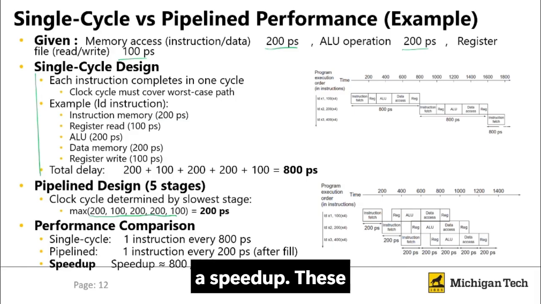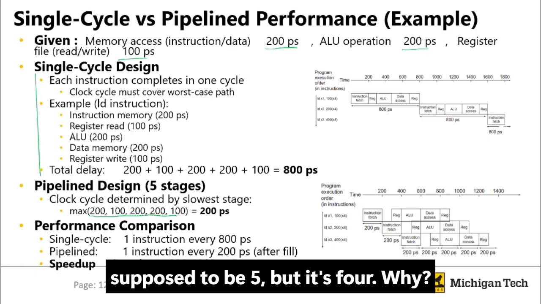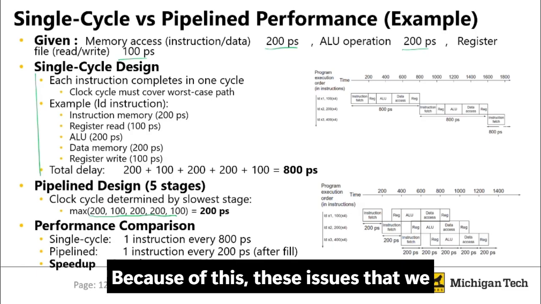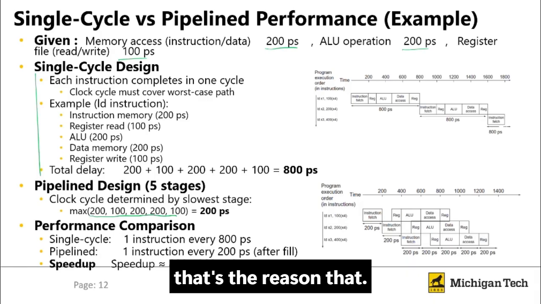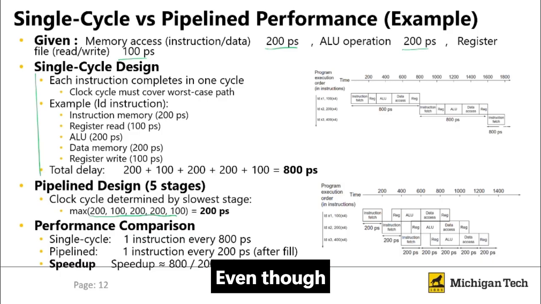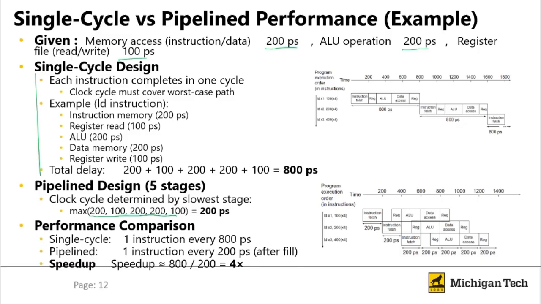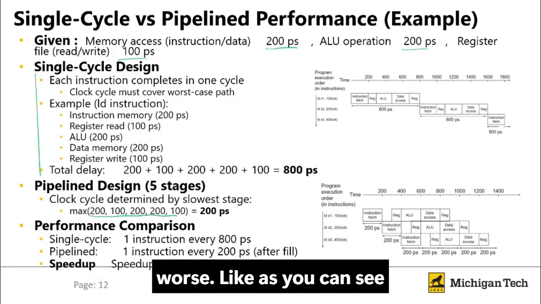If you compute the speedup, it is actually 800 over 200, that is 4 times. It's supposed to be 5, but it's 4. Why? Because of these issues, this wasting time that we have. And that's the reason that even though throughput gets better, latency gets worse.